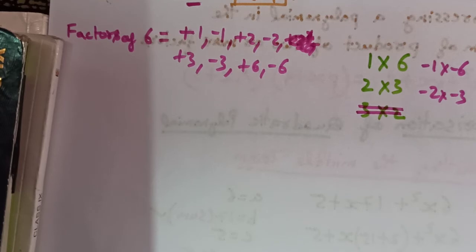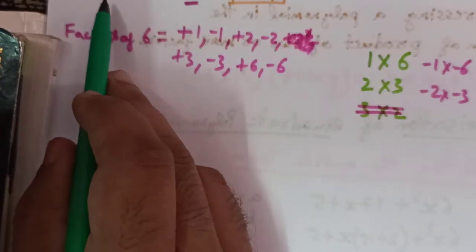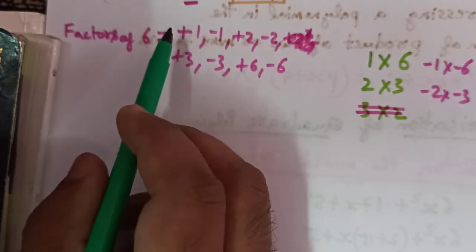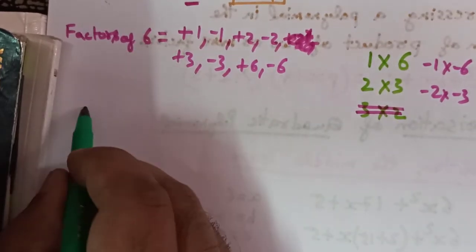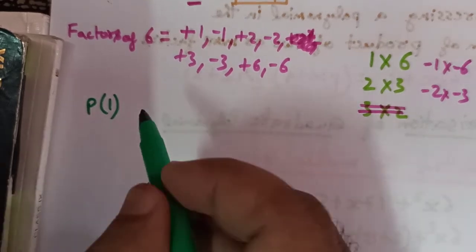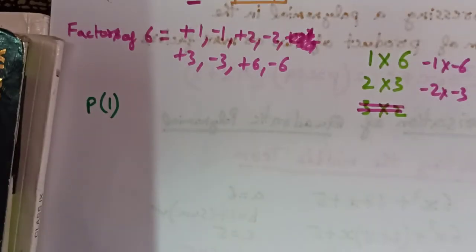How can we check whether 1 is the factor or not? By the factor theorem we know that if the polynomial p(x) is x square minus 5x plus 6 and it is divided by any number, we will find out the value of p(1), that is polynomial p(x) at x equals 1. So we will find out p(1).